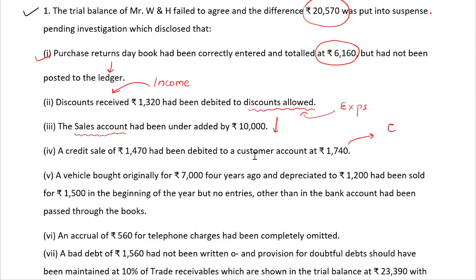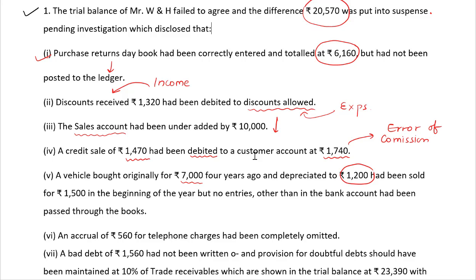This is known as error of commission. Instead of 1470, we debited 1740.